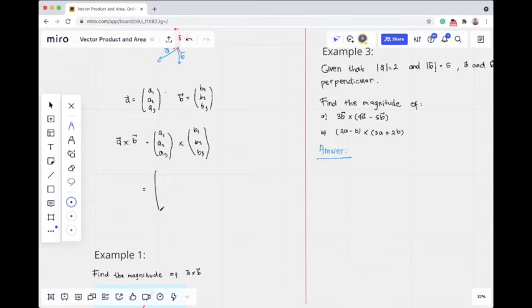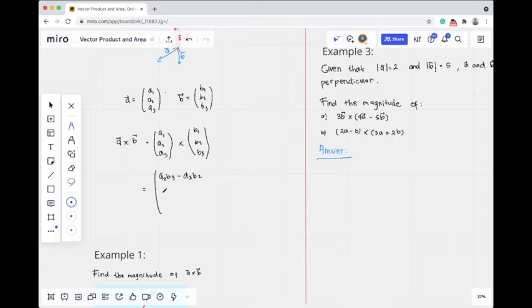So this is the result. Vector A cross vector B is: the first row, A2 times B3 minus A3 times B2.